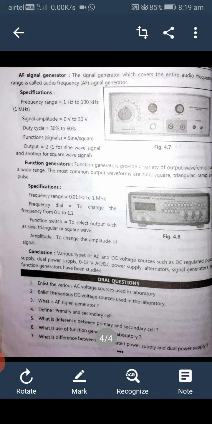What is the difference between primary and secondary cell? What is the use of function generator in laboratory? What is the difference between DC regulated power supply and dual power supply? Enlist the various AC voltage sources used in laboratory. Enlist the various DC voltage sources used in laboratory.